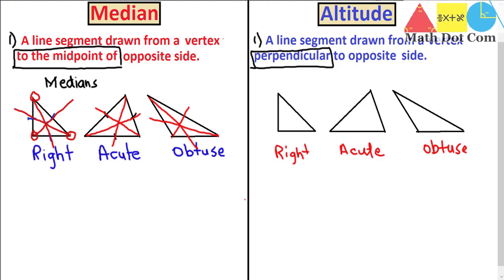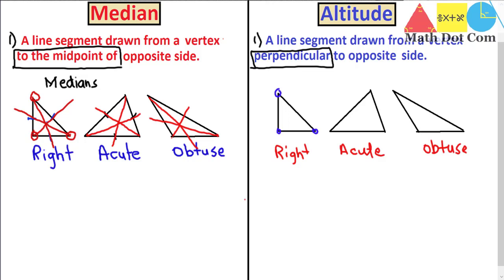Its definition is a line segment drawn from a vertex, and vertices are these, as I already told you, perpendicular to the opposite side. The important point here is that the line coming out of the vertex should be perpendicular to the opposite side. There is no condition of the midpoint. So we have to find the points that are perpendicular.